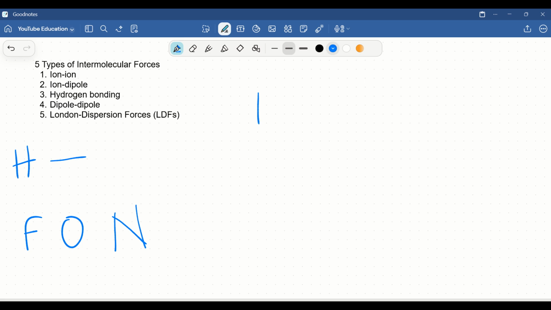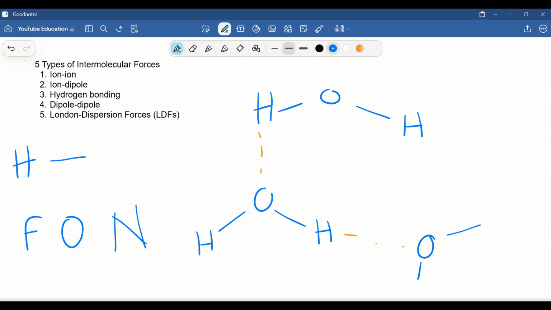So for example, if I take water, this hydrogen might be attracted to the oxygen of another water molecule. And perhaps we do a few more of these. We have maybe another water molecule here where the hydrogen is attracted to the oxygen. And perhaps this oxygen is actually attracted to this hydrogen up here.